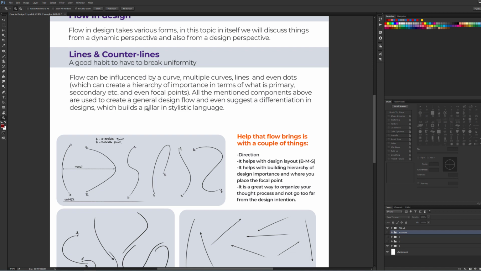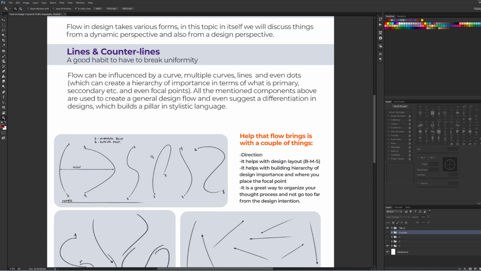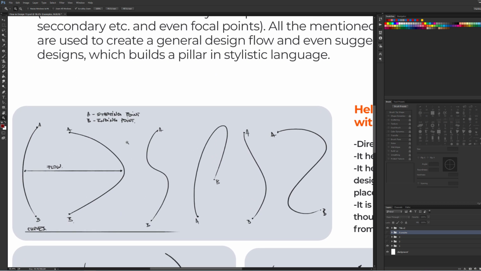That being said, let's discuss what these parts are, like a start point and an end point. So we're starting from A to B, and that creates a certain type of curve. And from A to B here, it's a different curve. This can be from a foundational gestural standpoint, but it can also be used to create a certain type of flow in design.